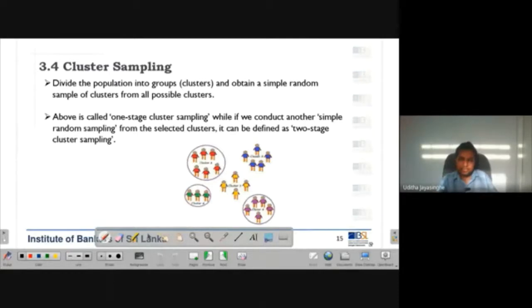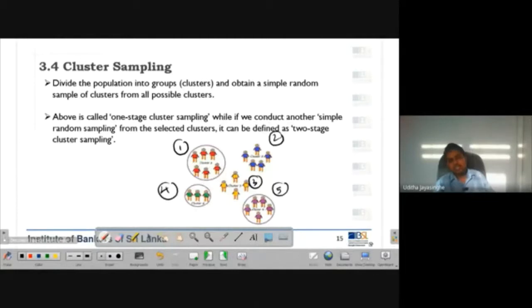You give them a group number, something like group 1, group 2, group 3, group 4, and group 5. Then you take a dice or something like that, a random number table. Then you select number 1, 4, and 5, and this is going to be my sample. This entire cluster, entire group is going to come into my selection.